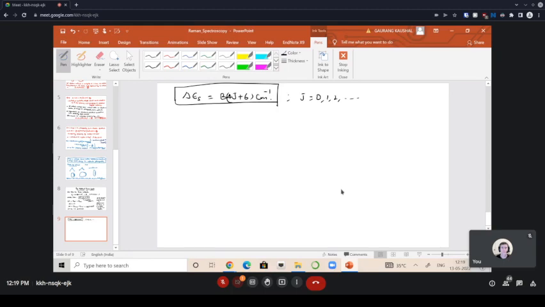So based on it, if the molecule gains rotational energy from the photon during the collision, we have a series of S branches towards the low wave number side, which is called Stokes lines.